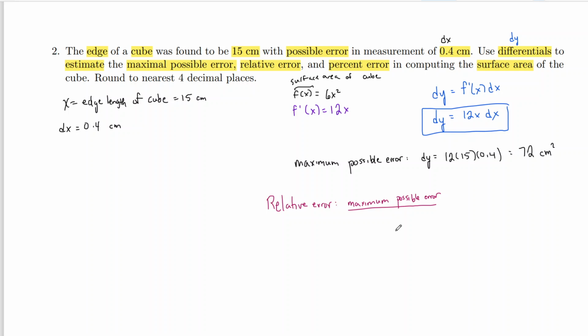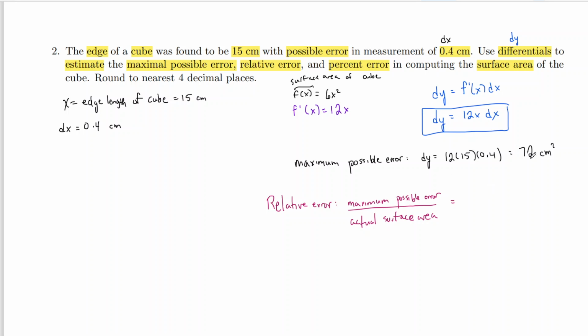We're talking about the surface area at the given number we measured, which is 15. So actual surface area. Now, if you're dealing with volume, it would of course be actual volume. If you're dealing with area of a circle or a square, perimeter, anything like that, it's just the actual function's value.